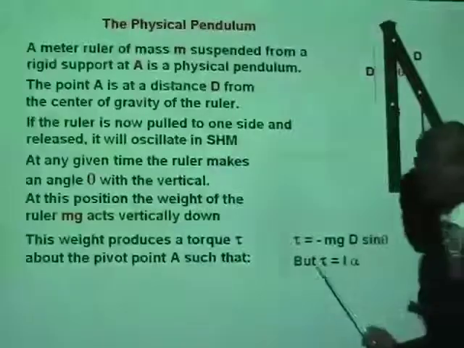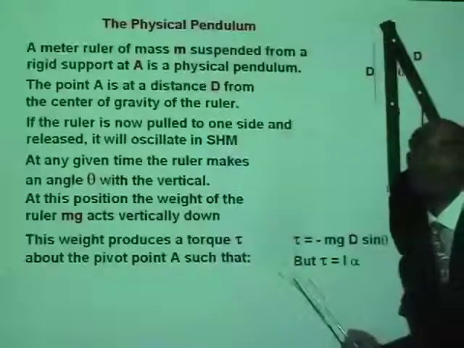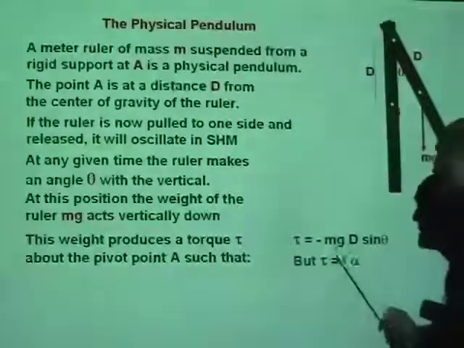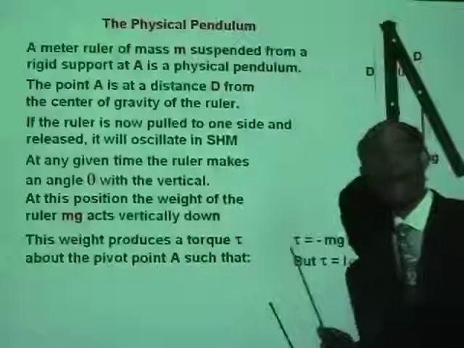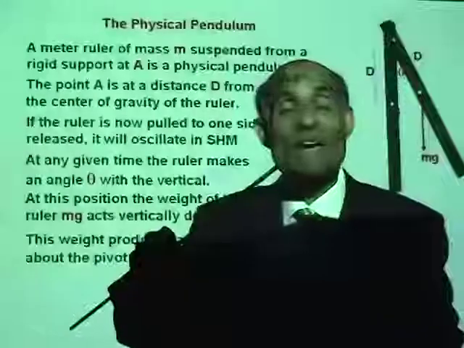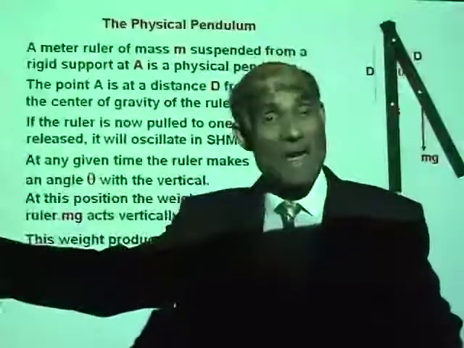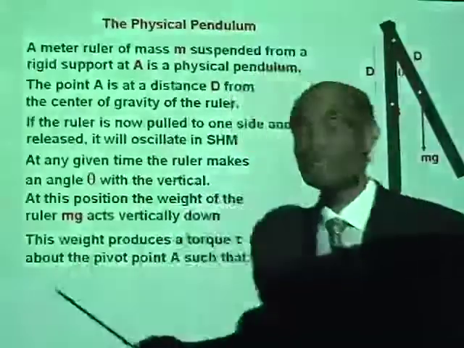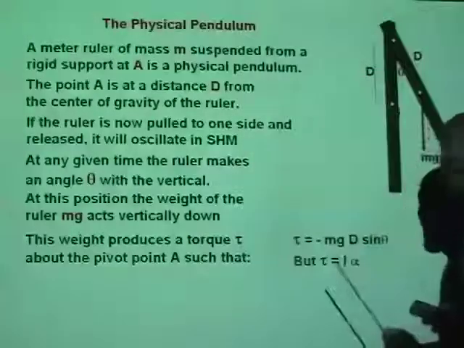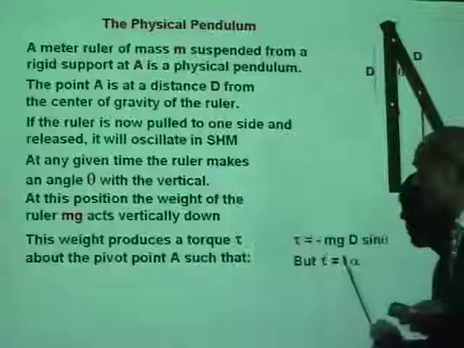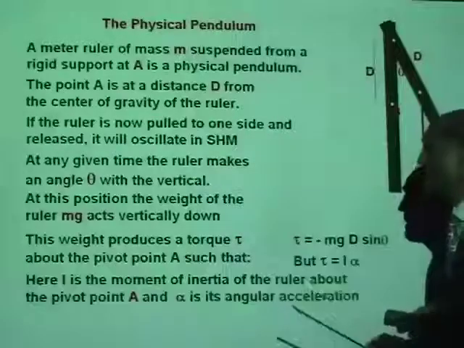Again, you have to recall a number of results we did in physics 1. Tau equals I alpha, in the same way as in linear motion F equals ma. In rotation, tau equals I alpha. So we're going to replace this tau by this I alpha.